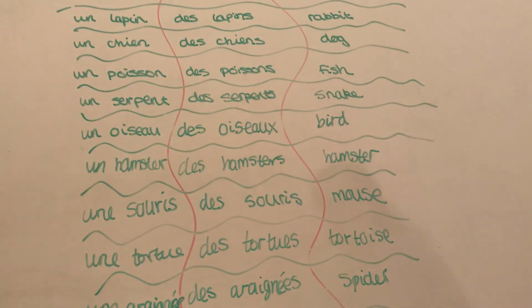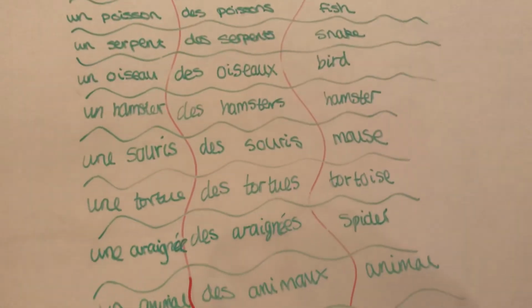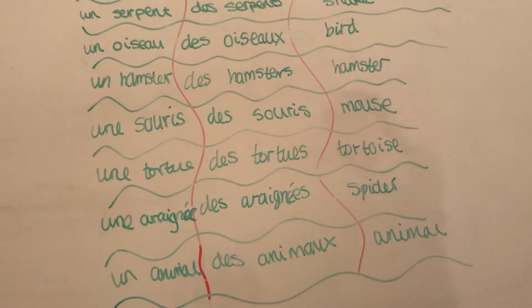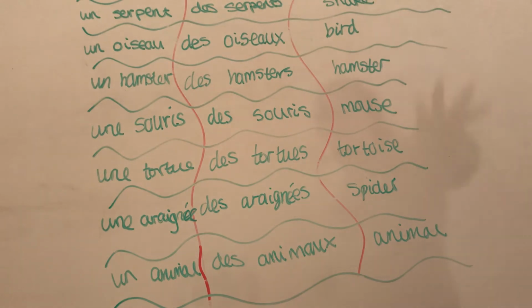Okay, so one thing to remember is that mouse, tortoise and spider all are feminine nouns, whereas every other of the animals we've mentioned here are masculine.